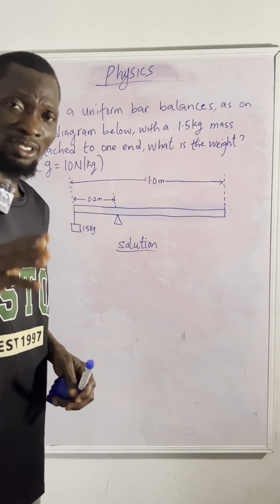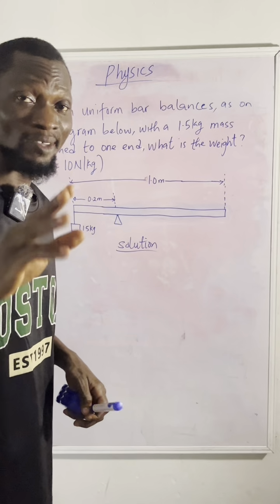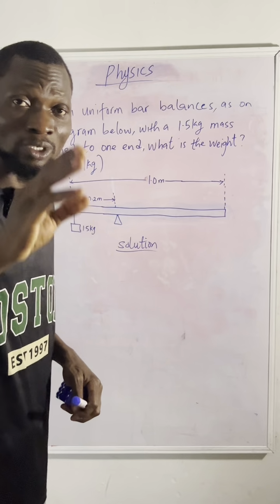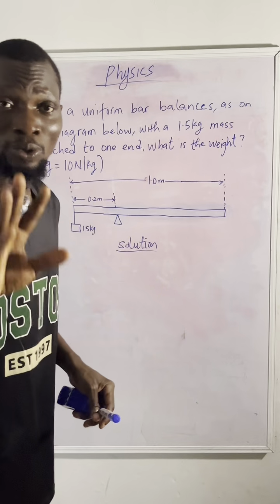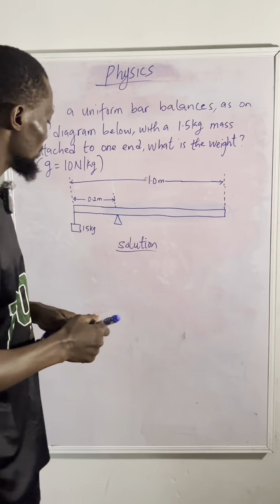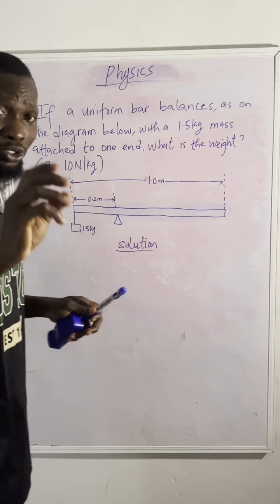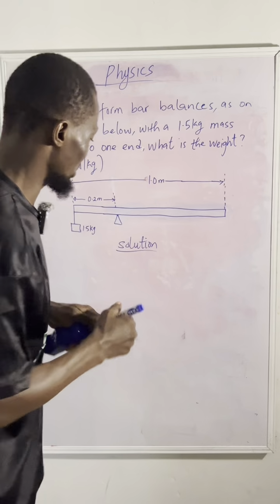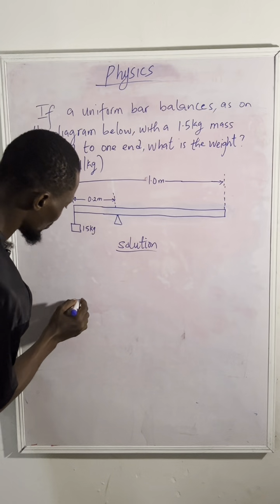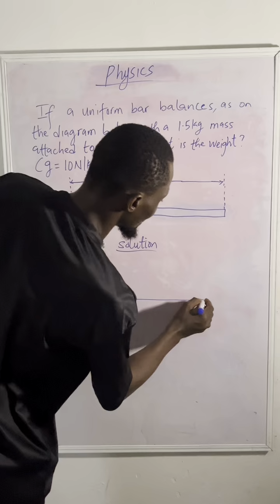Now, the first thing is that we are going to redraw our diagram to show all the forces that are acting on the bar. Here I'm just going to represent the bar with a straight line. So here I'm going to draw it like this.